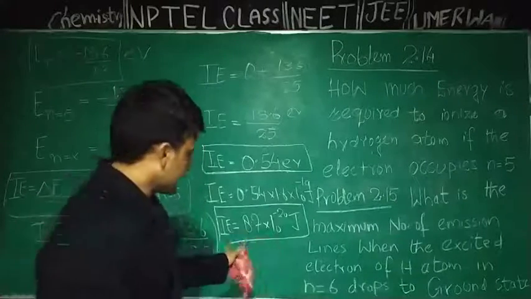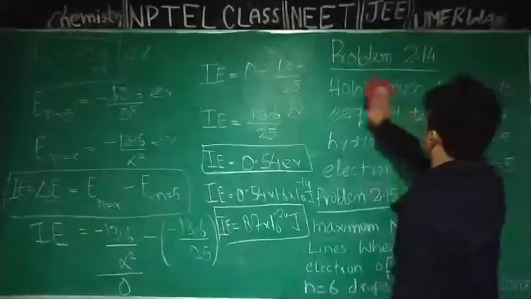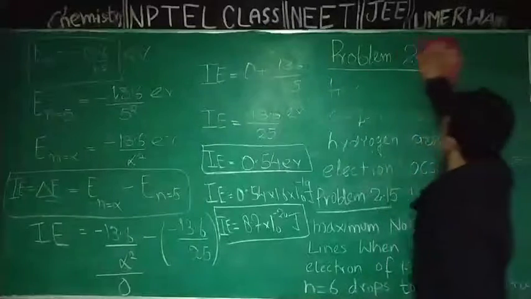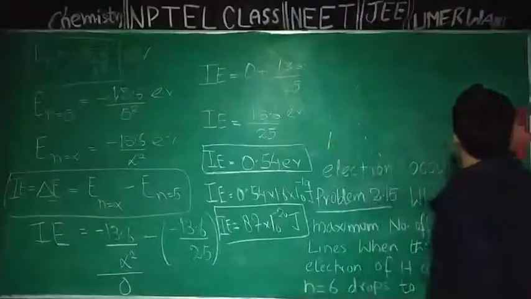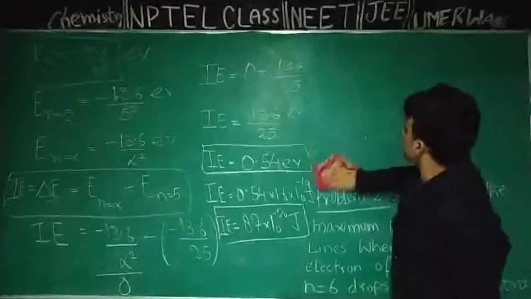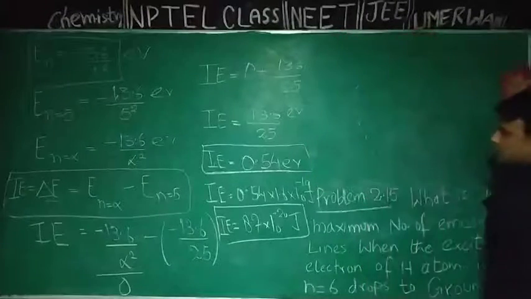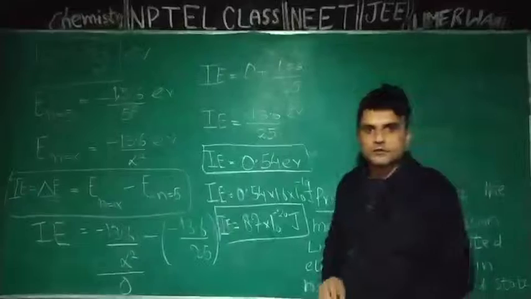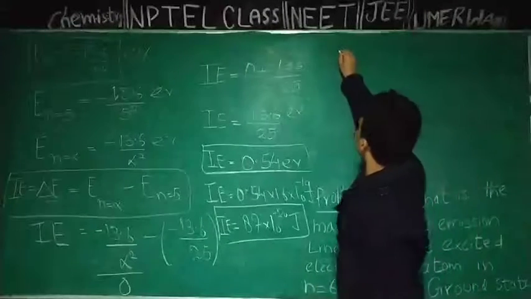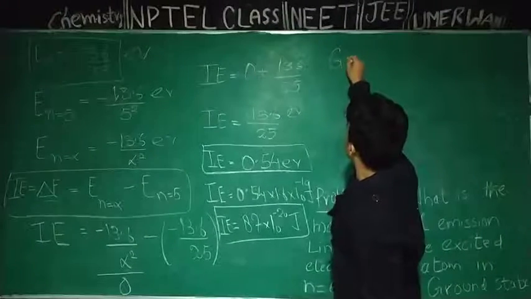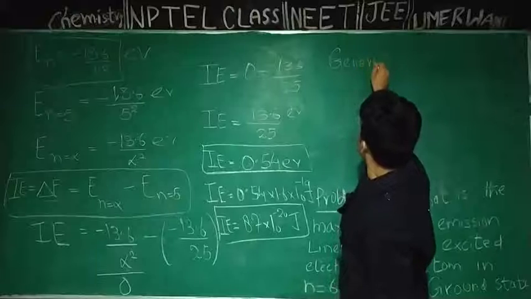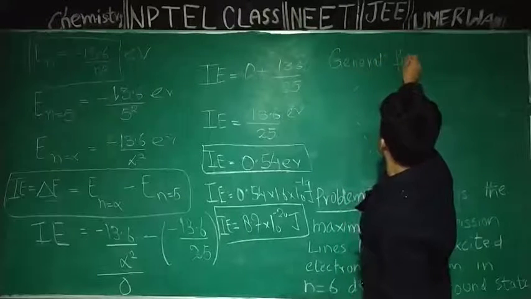And in general, if in a problem it is said that an electron is present in the nth orbit of a hydrogen atom, calculate its ionization energy, then the general formula.